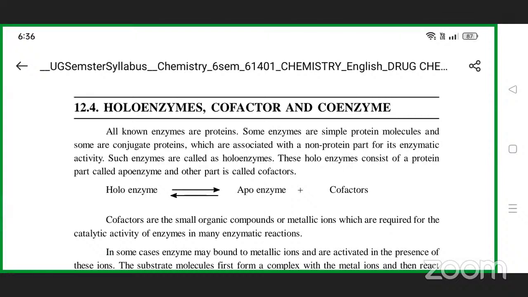These enzymes are called holoenzymes. A holoenzyme consists of a protein part called the apoenzyme, and another part called the cofactors. So in an enzyme, we have two parts, the apoenzyme and the cofactors.